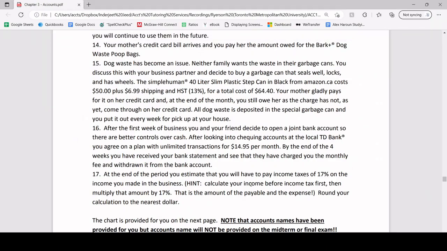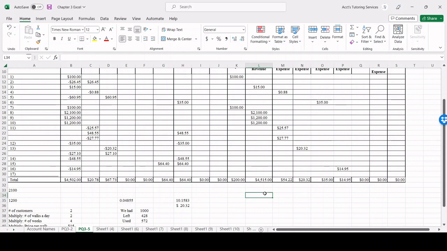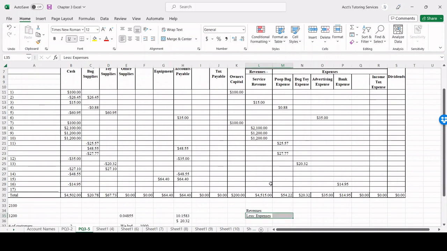So to arrive at income before income tax, or for any amount that you pay in tax in Canada, especially if you're a business, simply put, you pay tax on your revenues less your expenses. So we'll talk about this more later on in chapter 4 as well. So we know that our total revenues is 4515.